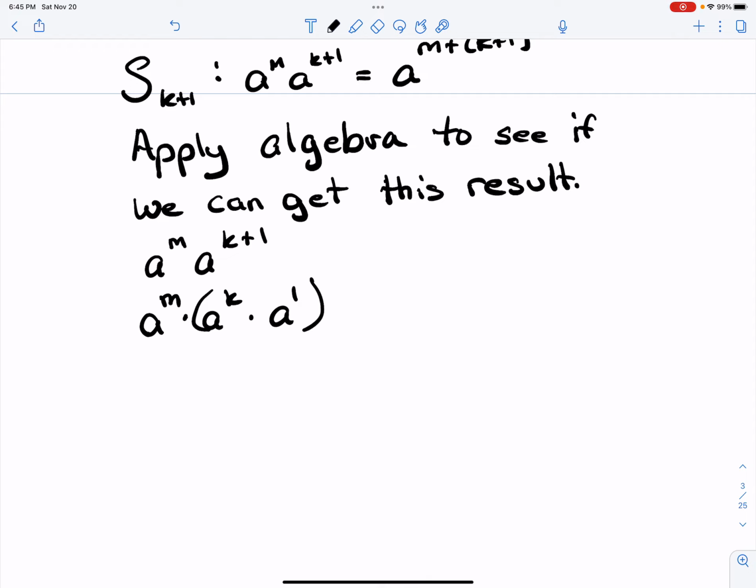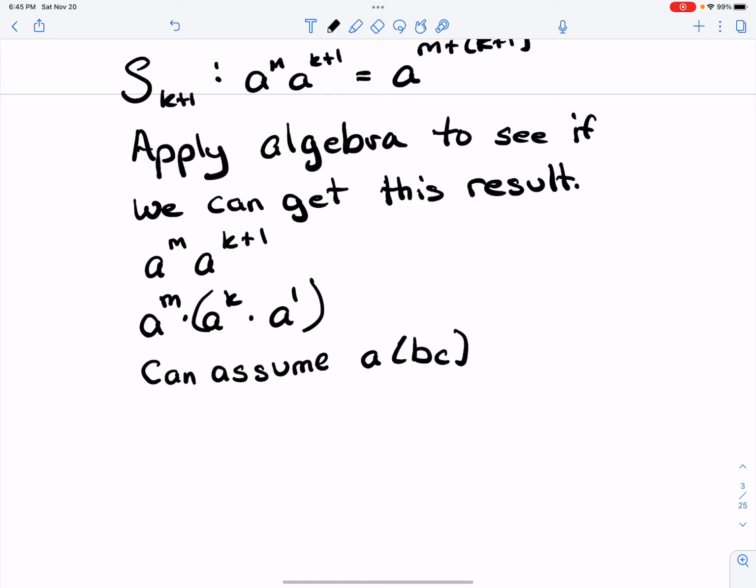But let's see here. We can also assume the associative property of multiplication.